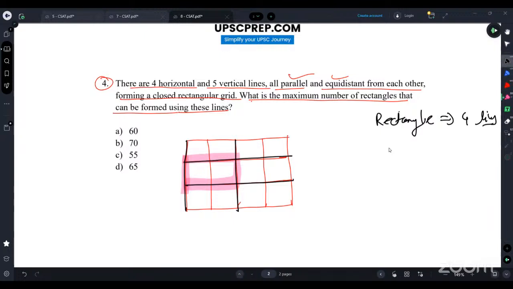Now you tell me, guys, if I call this horizontal line 1 and horizontal line 2, or horizontal line 2 and horizontal line 1, similarly vertical line 1, vertical line 2 or vertical line 2, vertical line 1, if I just change the name of the lines, does it change the rectangle?